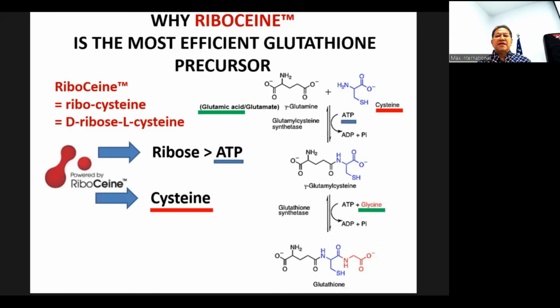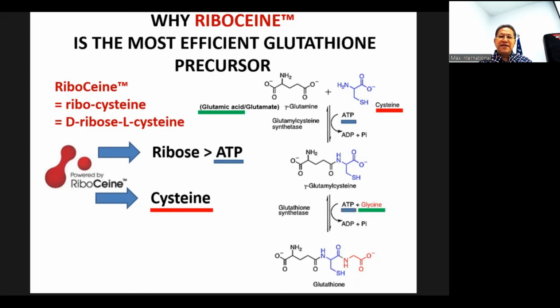Okay. Those two combined, and the next step is with the help of another enzyme called glutathione synthetase. Then that molecule that was formed from glutamic acid and cysteine, which is called gamma-glutamyl cysteine, is now joined to glycine to form glutathione.